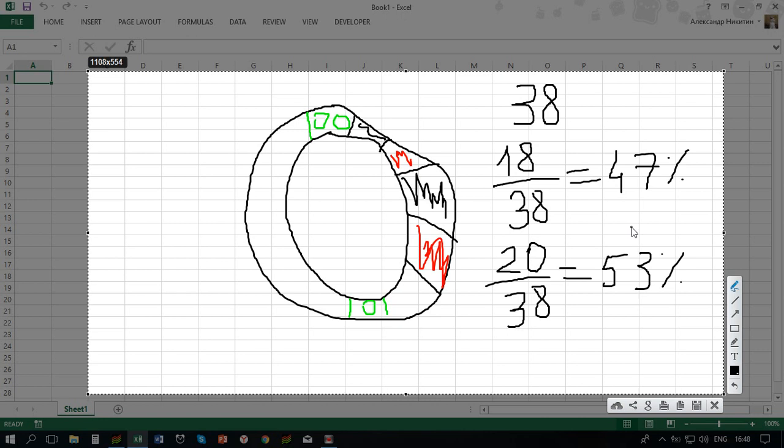And when it is said that the casino is having an edge over a gambler, this means this: 53 minus 47 equals somewhere around 6%. So the casino's edge is 6%.